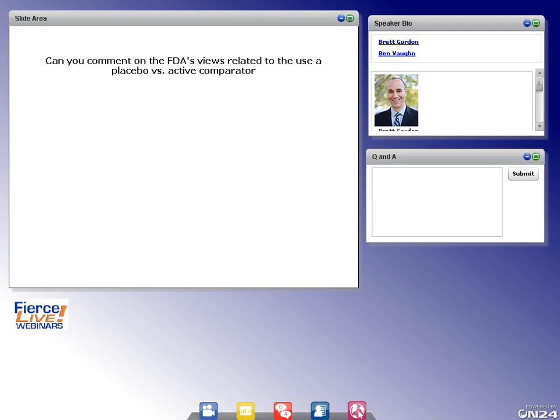I don't know if I have much to add. Going back to my example, if this were a device trial, sure, CDRH would support a study of non-inferiority with an active comparator. CDER right now, like Ben said, is really pushing for superiority over placebo, although they are asking for active comparators where possible, just to get more information in your trial design.